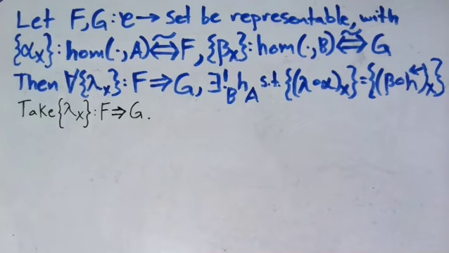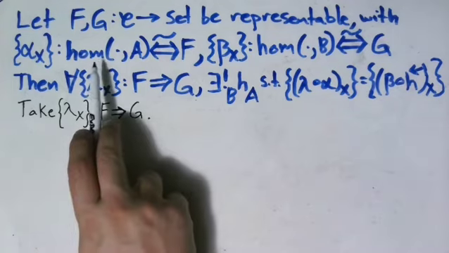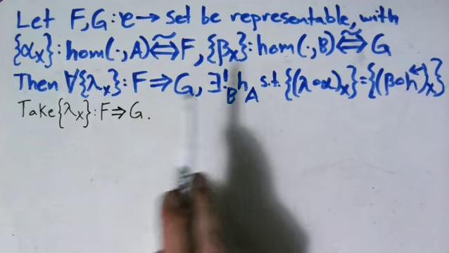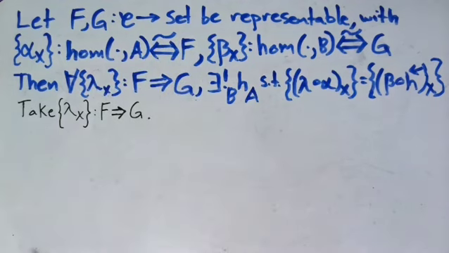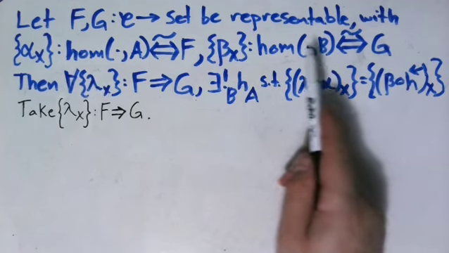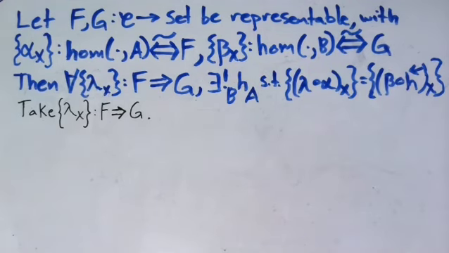So the composition of any natural transformations is a natural transformation. And since we have a natural transformation going from home blank A into F and from F into G, and then we also have a natural transformation going from G into home blank B, what is it?